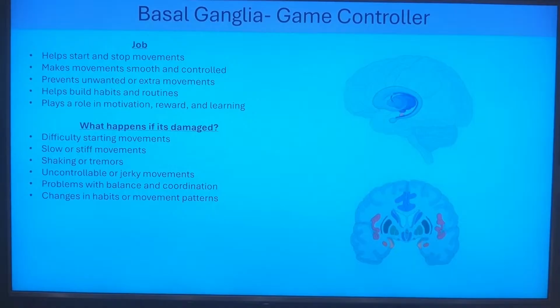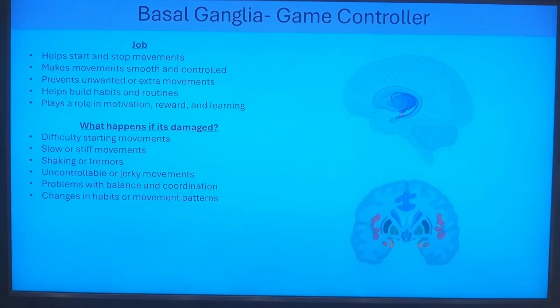So again, what happens if this is damaged? Difficulty starting movements, slow or stiff movements, uncontrollable jerky movements like tremors, right? Problems in balance and coordination, and some of the cognitive symptoms you notice in life are changes in habits.